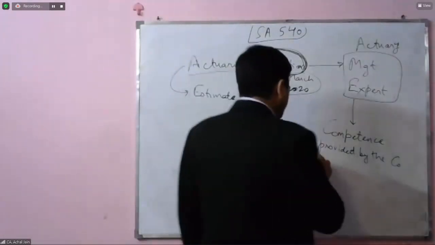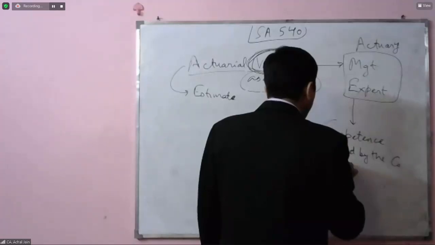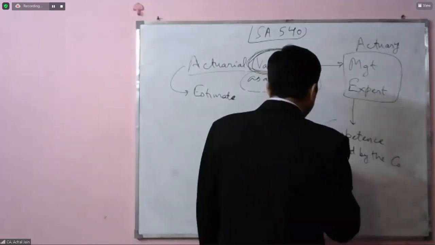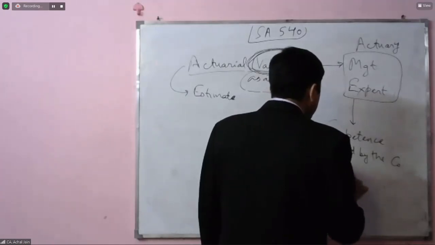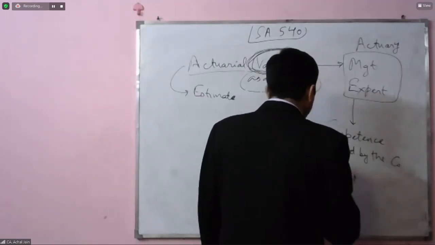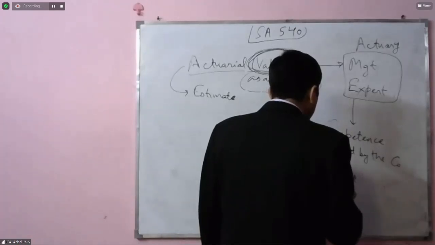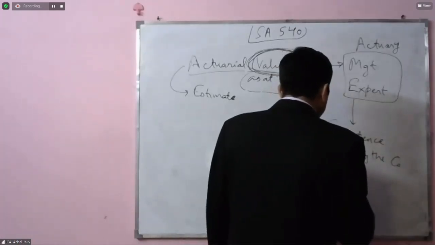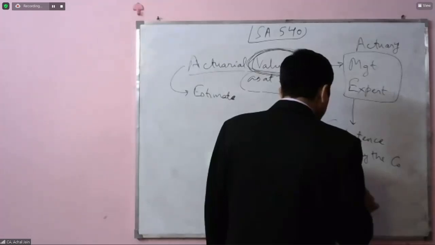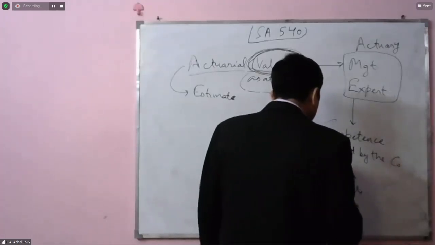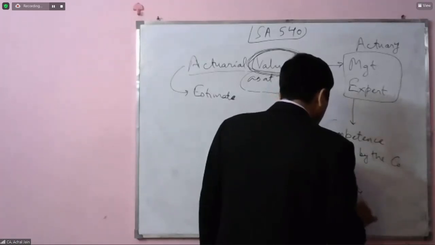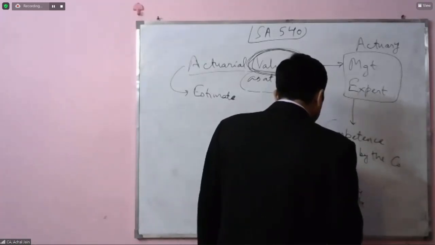So what can the data include? Number of employees, age bracket, attrition rate, then mortality rate, then we can say increment percentage.